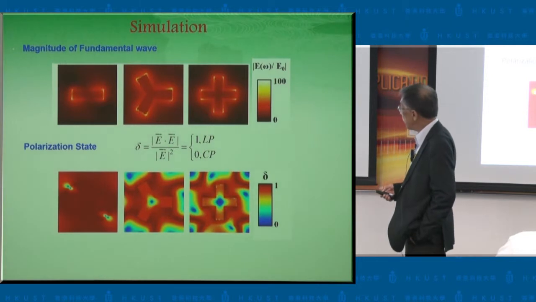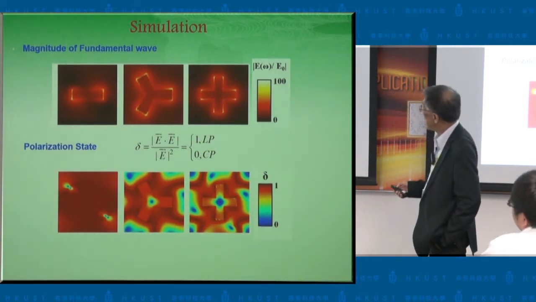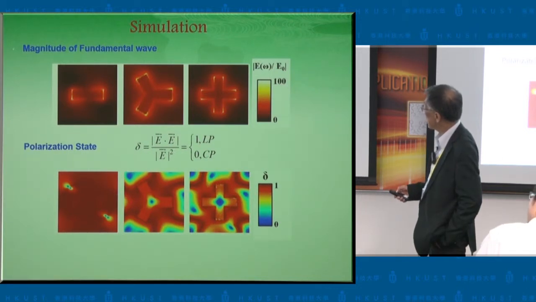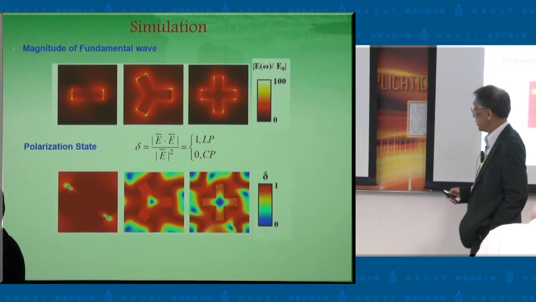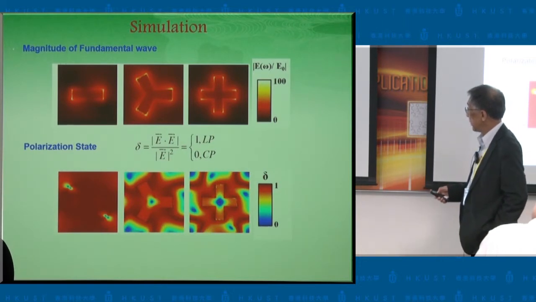This is a simulation of the field. You could see in fact you have a stronger field in the C4 compared to the C2. In fact, a much stronger field there. So that explains why you have a much better harmonic generation for the C4 itself.